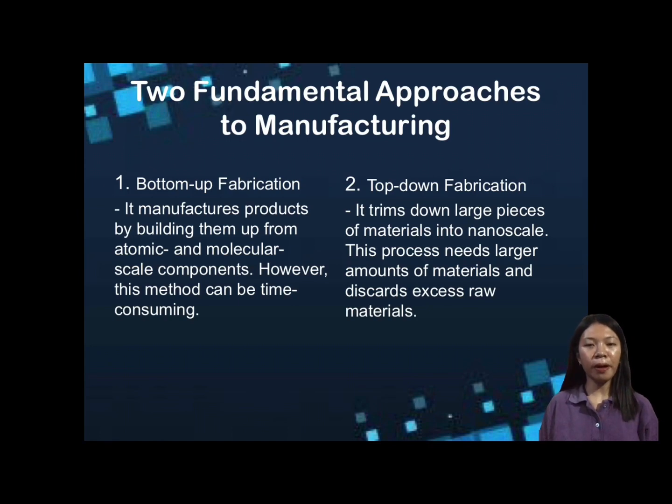There are two fundamental approaches to manufacturing, either bottom-up or top-down. So, bottom-up fabrication manufactures products by building them up from atomic and molecular scale components. However, this method can be time-consuming.